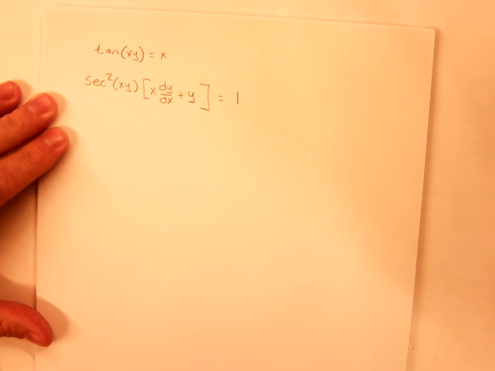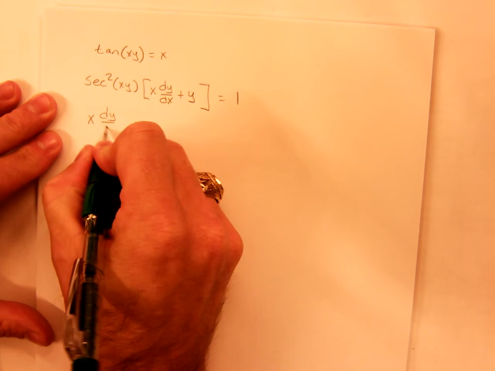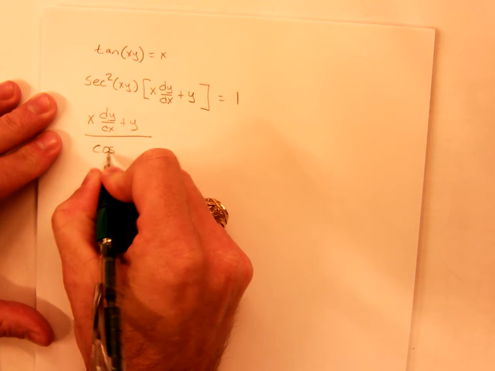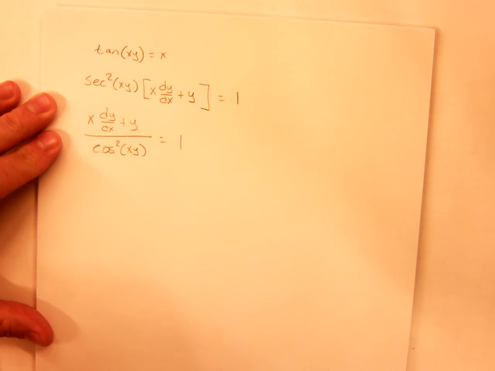All right, I'm going to rewrite. This is (x dy/dx plus y) over cosine squared xy is equal to 1.